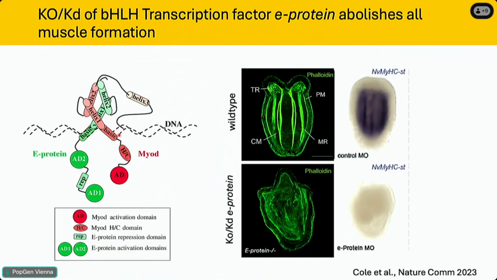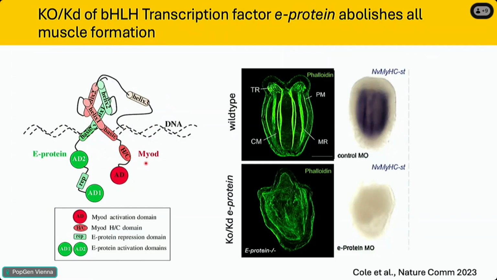For instance, here in the example with MyoD, it binds with a specific factor. The E protein is often ubiquitously expressed, and in each cell type it can bind to various more specifically expressed bHLH proteins, and together they have the function that is conveyed mostly by this player here.